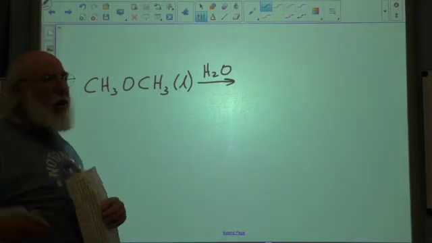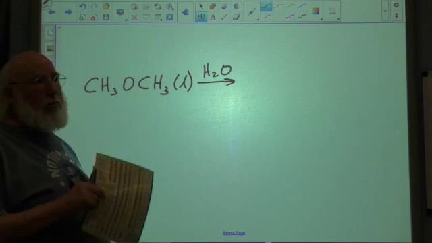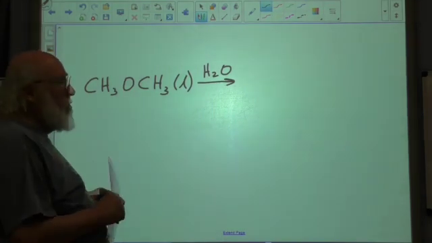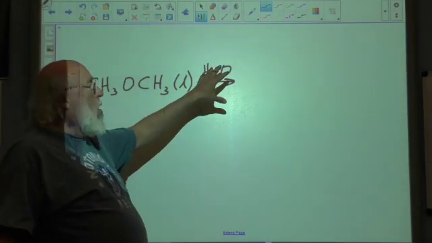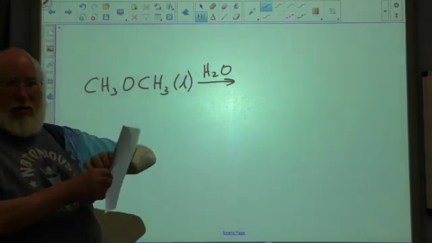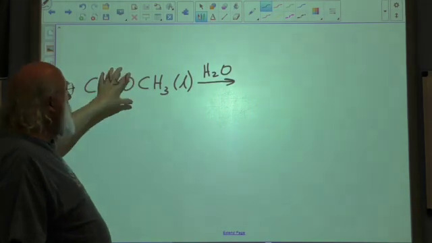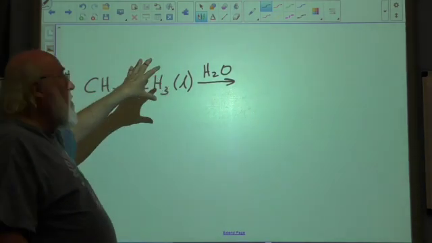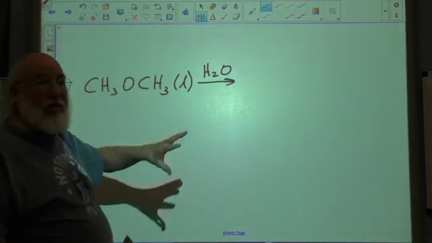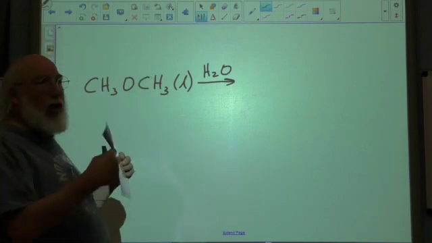Gases are individual, but if they're in liquid or solid form, they're all clumped together in some fashion. So it's important that the water molecules, which are also bonded together, break apart. It's also important that the solute molecules, whatever they are, break apart, or the ions break apart, and that happens when the two collide with each other.